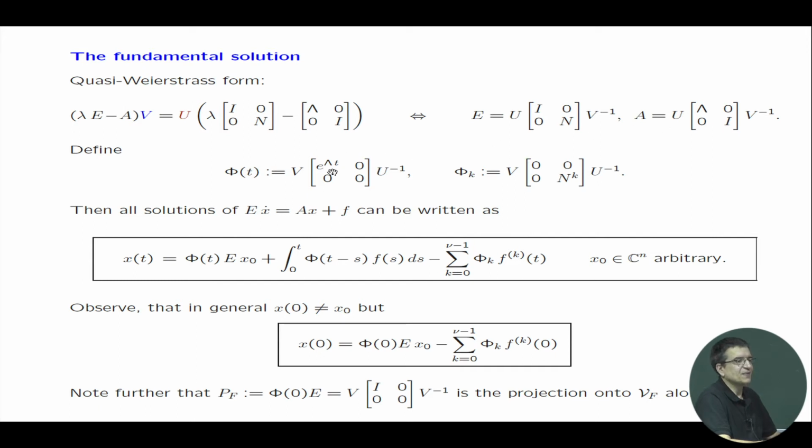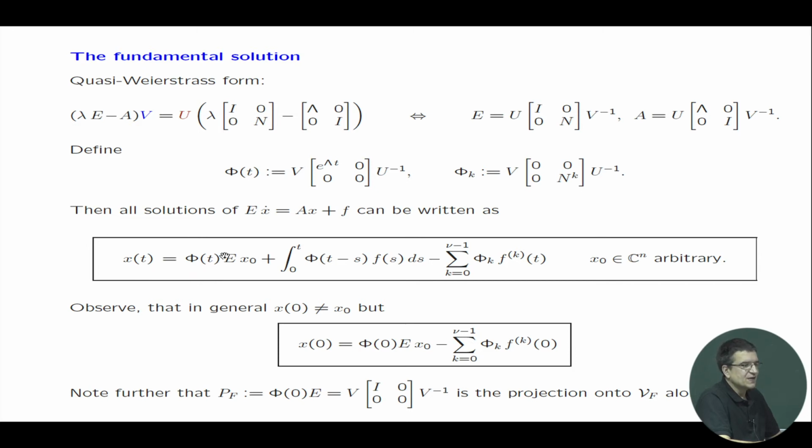This is a function of t, and now we also define constant matrices, for each exponent here, belonging to the nilpotent matrix. And then we have this very nice solution formula. All solutions to our differential algebraic equation can be written in this form.